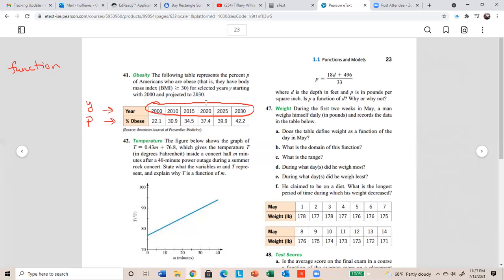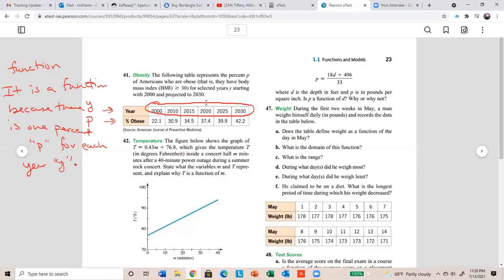So my wording is going to be, it is a function because there is one percent P for each year Y. So yes, our inputs don't repeat.